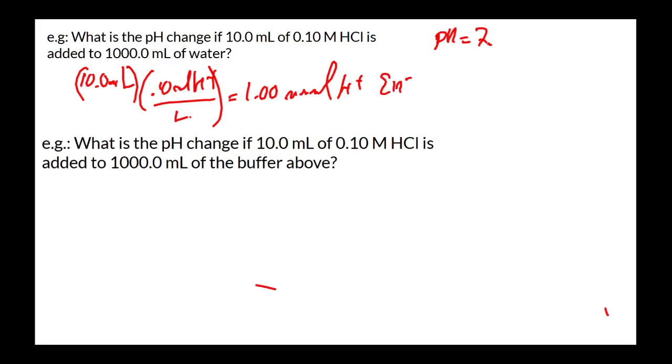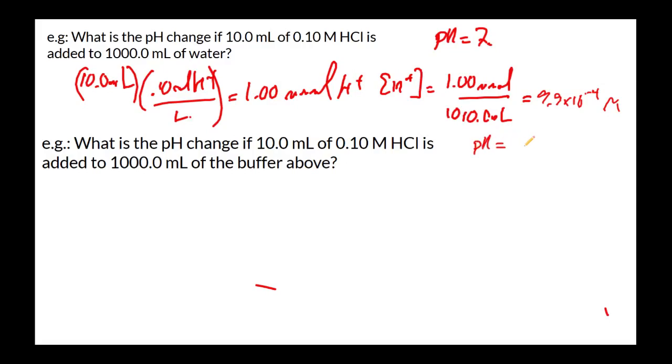So that means the concentration of H plus in this solution is 1 millimole over the volume, which is now 1,010 milliliters, because we added 10 milliliters to our 1,000 milliliters. And that works out to 9.9 times 10 to the negative fourth moles per liter. And so if we take the negative base 10 logarithm of that, that gives us our pH, which rounds off to 3. So the pH change is negative 4 points.